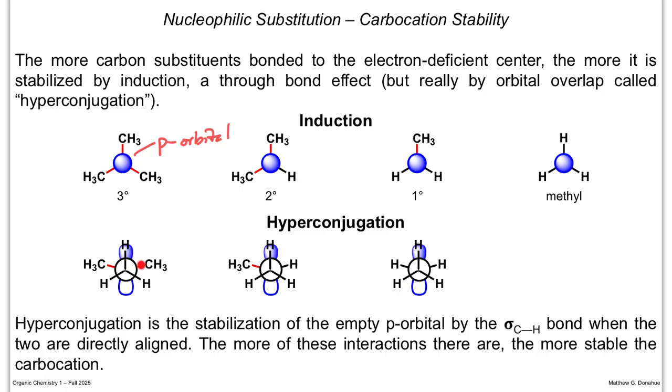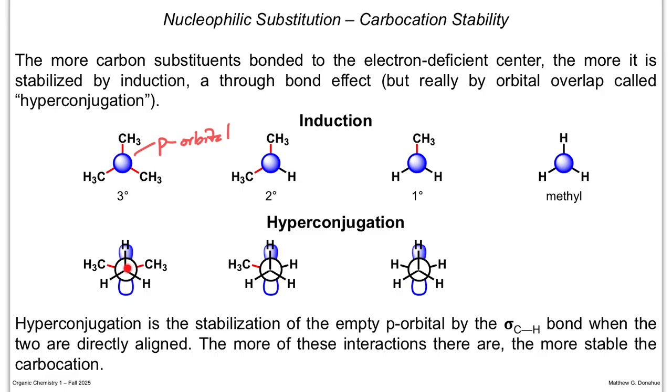In this representation here, we're going to put our eyeball looking at one of the carbons now. So we have a carbon in front. That carbon has 1, 2, 3 hydrogens. In the back is the p orbital and then the rest of the carbon substituent. So you see the p orbital lobes here. A carbon substituent, whatever is bonded to that, can align with the p orbital.